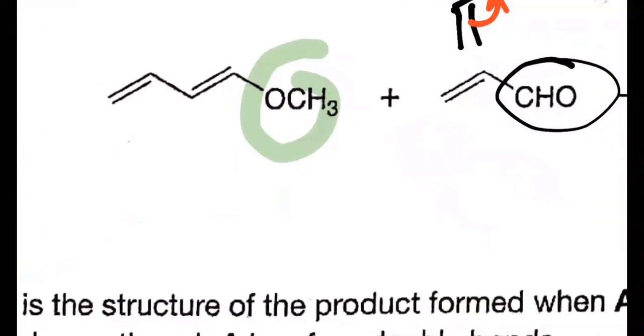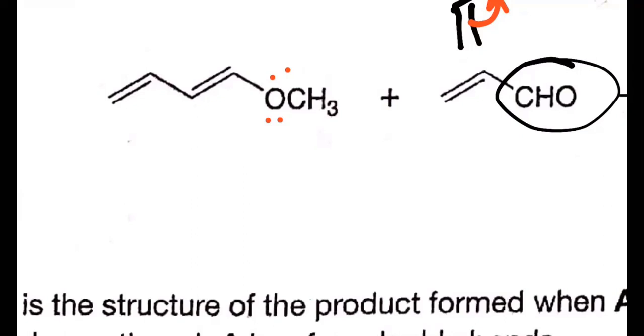Because now you have the OCH3 group on the end. Is that a donor or is that an acceptor? Anybody remember the difference between a donor and an acceptor? It's a donor. It's got lone pairs of electrons that it can donate. Are you following?